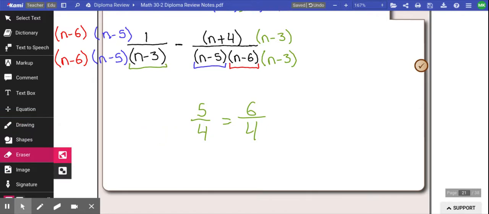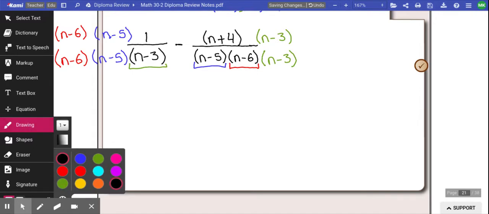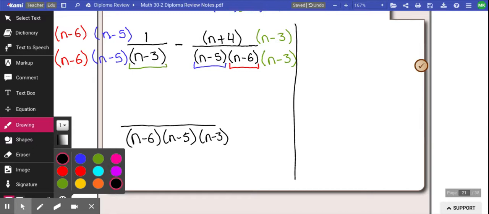So now that I have a common denominator, I can write this as one fraction, where the bottom just stays the same. On the bottom, I'm going to have n minus 6, n minus 5, n minus 3. But on the top, I'm still separated.